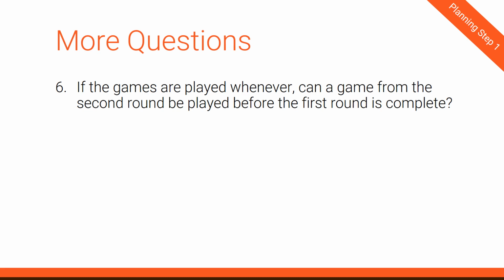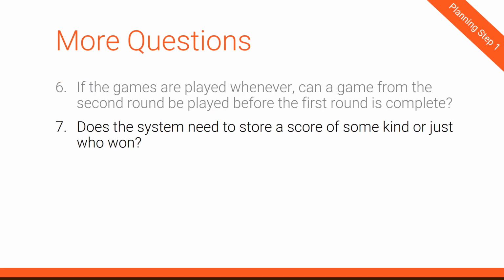So in that case, if 2 of those 4 games are played already, and those 2 winners happen to be playing each other in the next round, can they go ahead and do round 2 before the other 4 teams play each other to determine who plays the other game in that second round? We got to figure that out in order to know what we can allow people to do and not allow people to do if they can play whenever. Again, if we're going to schedule the games, this doesn't matter.